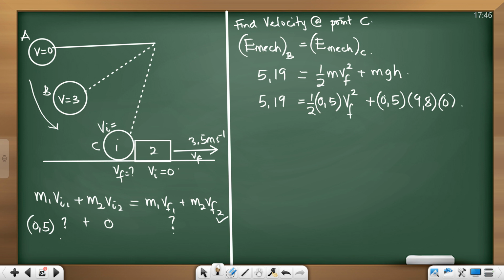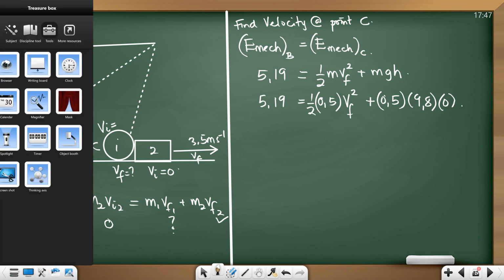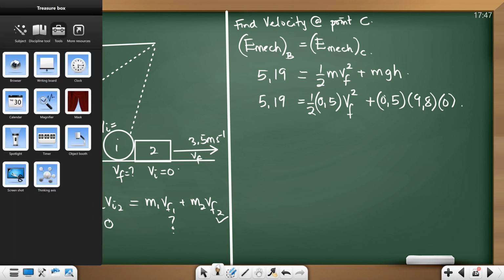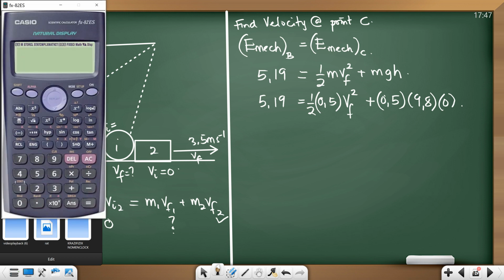So let's do maths now. Do you notice we can get the velocity at point C now? It depends on how you want to do the maths. I'll just show you the steps. 0,5 divided by 2, which gives 0,25 on the right-hand side.